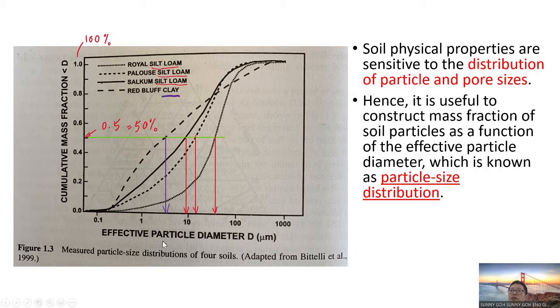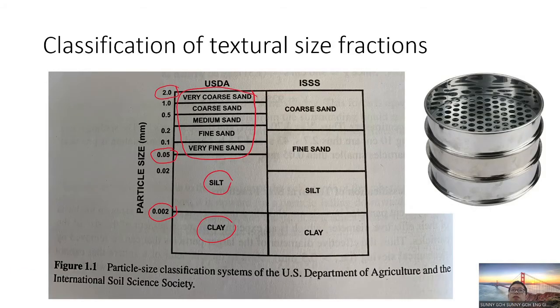The size of the sieve that is used to sieve the soil. So you have Royal silt loam, Palos silt loam, Salcombe silt loam, and Red Bluff clay. So these are different types of soil texture, right? From different places. Yeah, we talked about sieves.